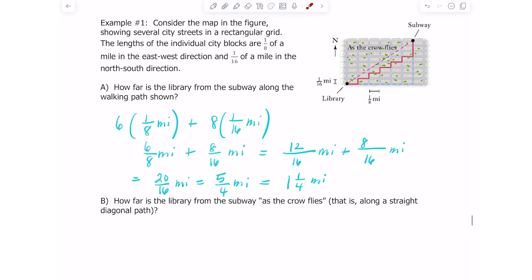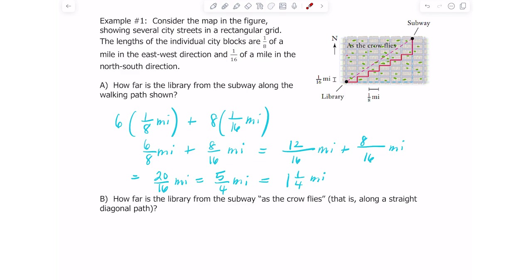So if that's the case now, let's think of this as a right triangle. Okay, so I know that this distance here we already calculated as 6/8 of a mile.